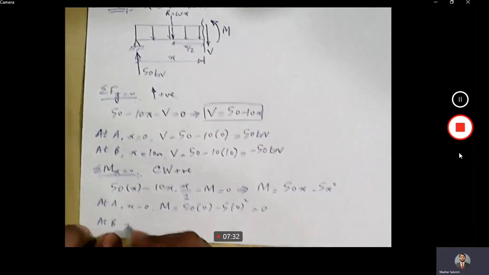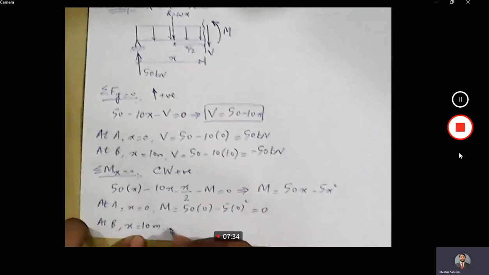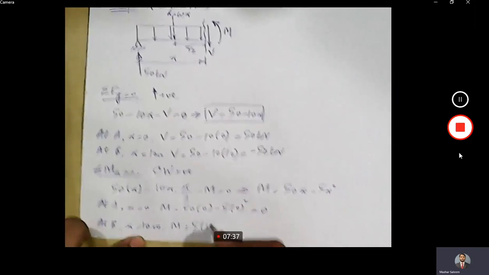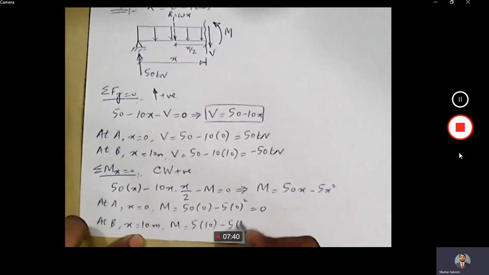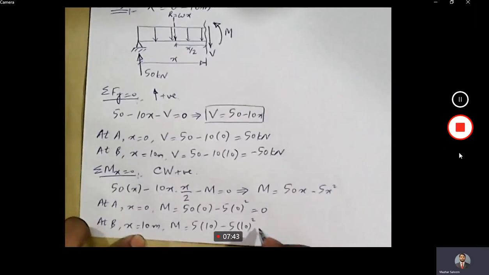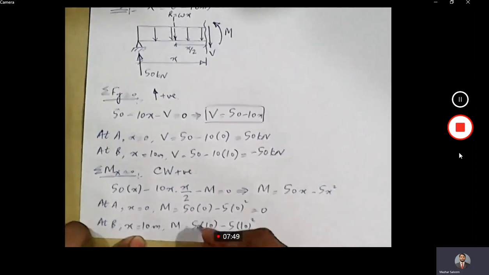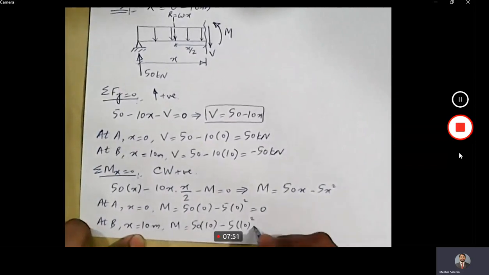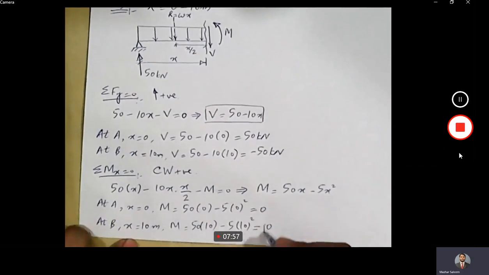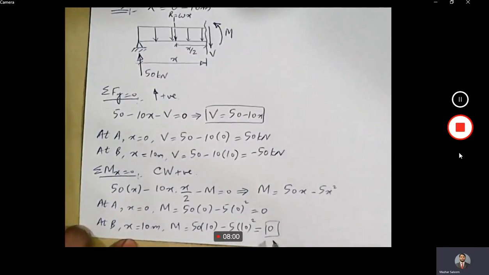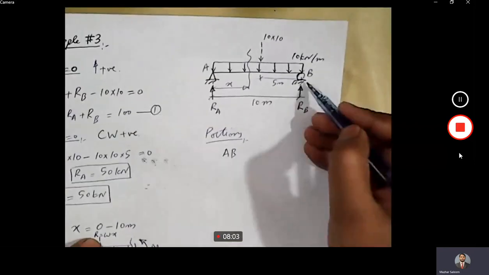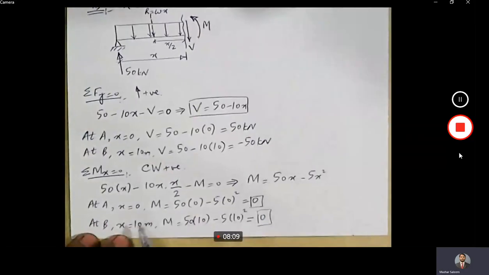At B, x is equal to 10 meters, m is equal to, sorry, this is not 5, this is 50, 50 into 10 minus 5 into 10 square. If we solve this, what do we get? We get 0 again. Is this 0 logical? Yes, this is logical because we have a roller support at point B. So 0 moment at support A and 0 moment at support B.